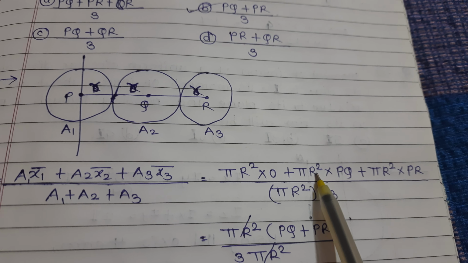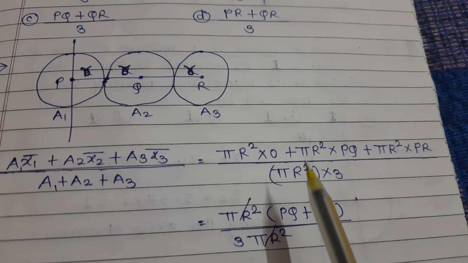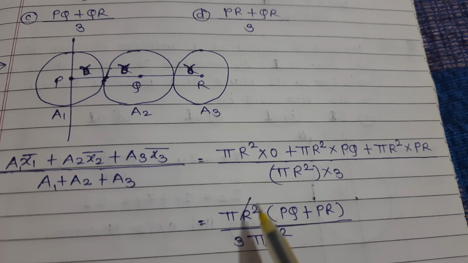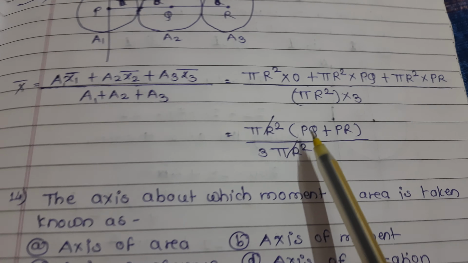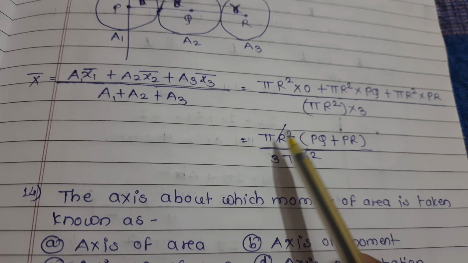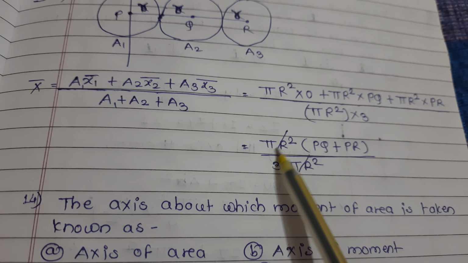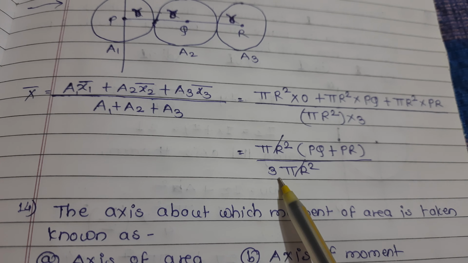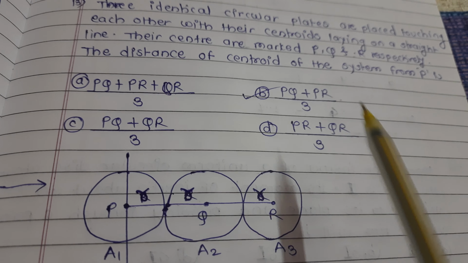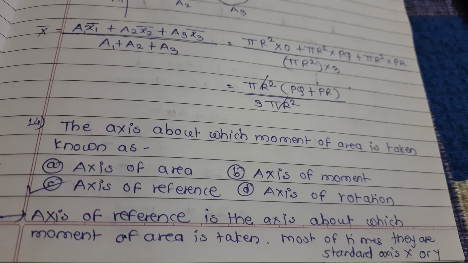Then pi r square into distance PR, divided by pi r square into 3. Now we take r square common and cancel it, and pi r square cancels, and we get the answer: PQ plus PR divided by 3. The option is B.